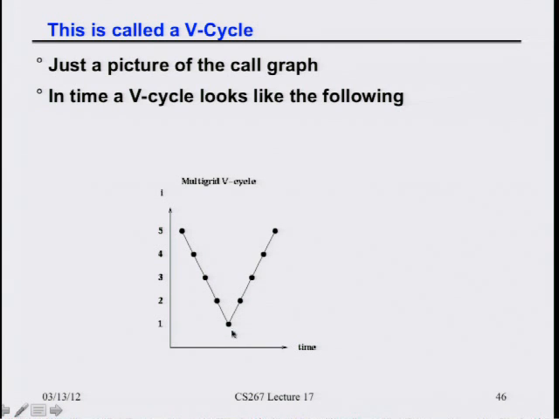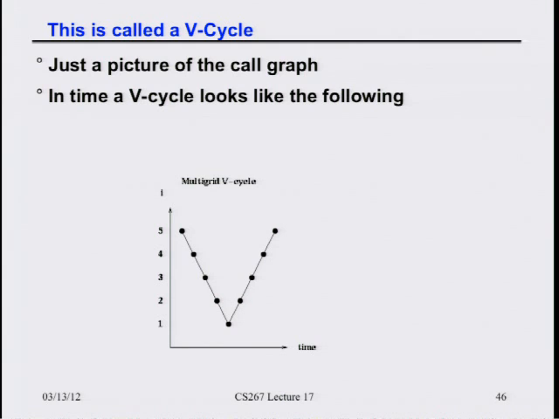And finally, I solve it. It's a 1-by-1 problem. And then I start returning. I use my solution on my 1-by-1 mesh as my starting guess for the 2-by-2, starting guess for the 4-by-4, starting guess for the 8-by-8, and so forth. So that's why it's called a V-cycle. It's just a picture of how the algorithms call one another, and how they return.